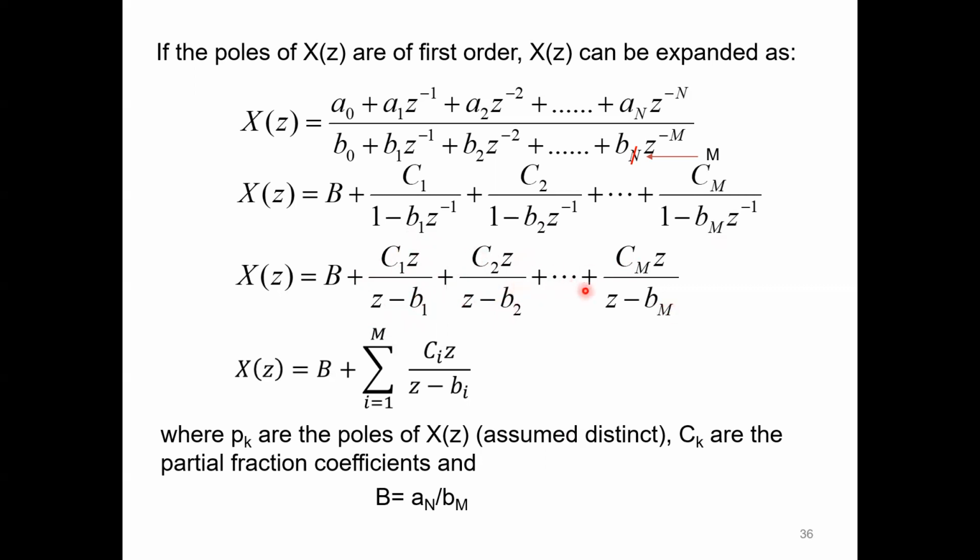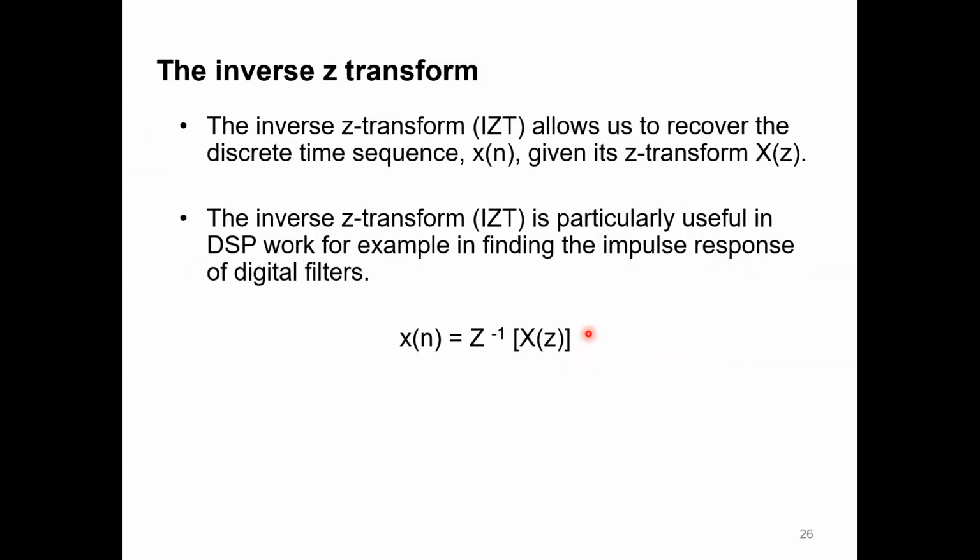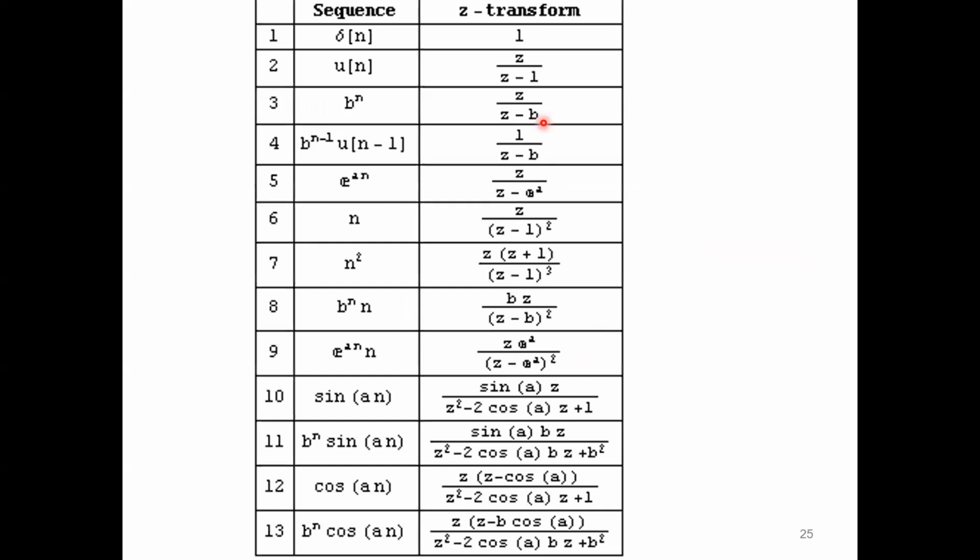Can I show it to you? Remember this format, z over z minus a constant. If you go back to the z table, can you find an entry z over z minus b? This is the entry.